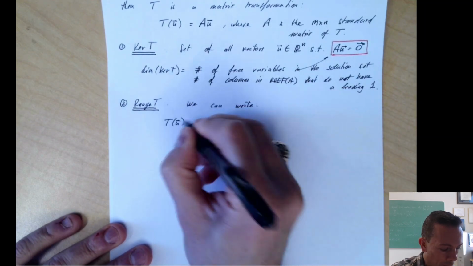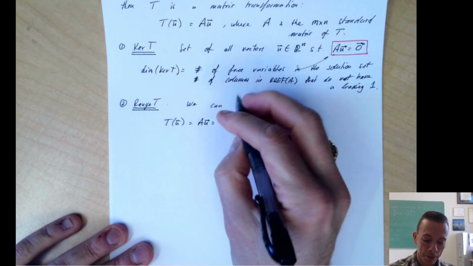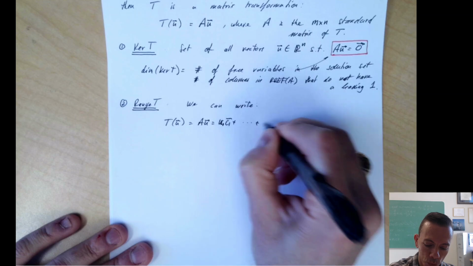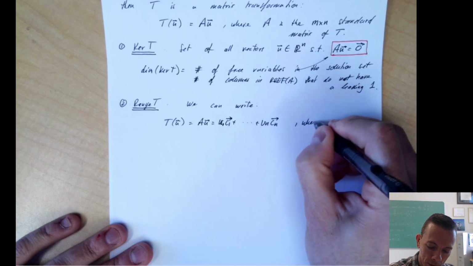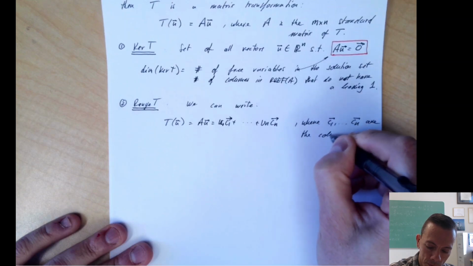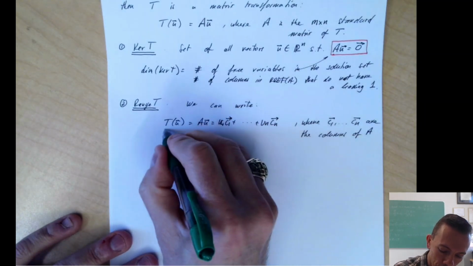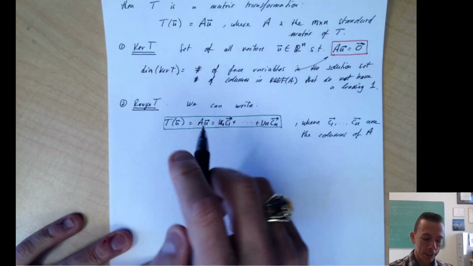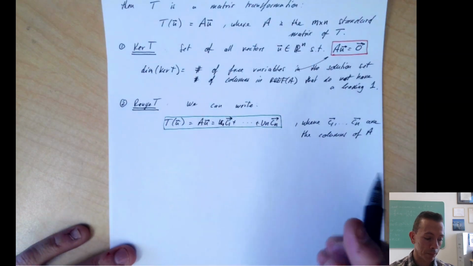T of u, which is A times u, we can break down into a linear combination of the columns of A: u1 c1 plus u2 c2 all the way to plus un cn, where these vectors c1 to cn are the columns of A. If we write the transformation using this form, you see that the range is the set of all the images, which is the set of all the linear combinations of the columns of A. In other words, the column space.